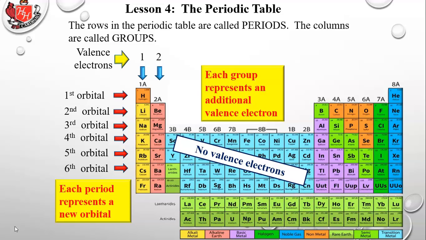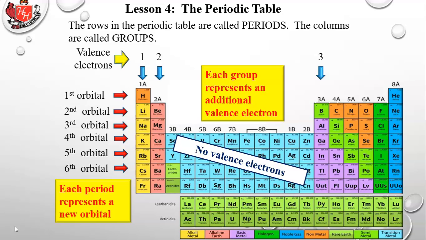Beryllium also has 2 orbitals, and it has 2 electrons in its outside or valence orbital. Now we skip across the transition metals and we go over to boron. Boron also has 2 orbitals, and it has 3 electrons in its outside or valence orbital.